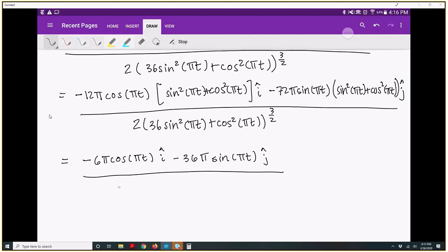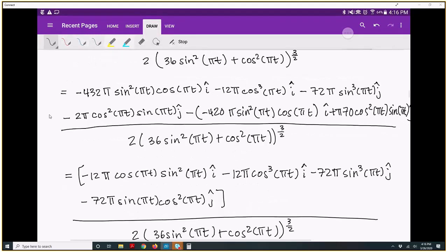Canceled my 2. So now I just have 36 sine squared of pi t plus cosine squared of pi t, everything to the power 3 halves. And that looks quite a bit better than where we started.